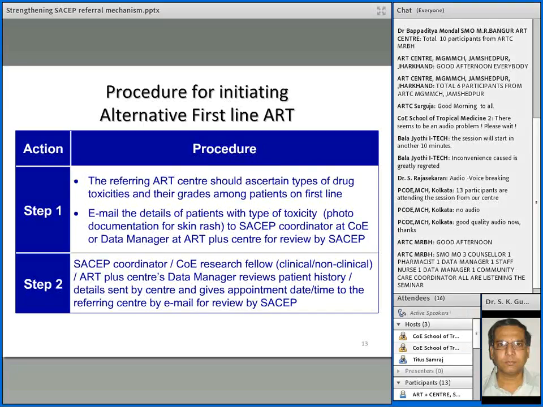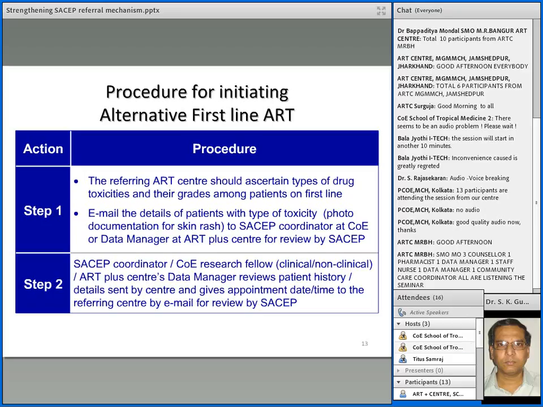NACO has now provided funds to procure a digital camera in all ART centers that should be used by all ART medical officers. Whenever you come across any patient with a drug rash, be it a skin rash or mucosal lesion, you need to document it with photographs. The reason is that when these patients come to SACEP, by that time all the rashes have subsided.